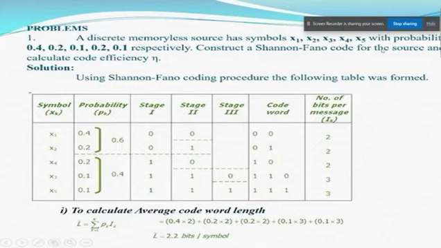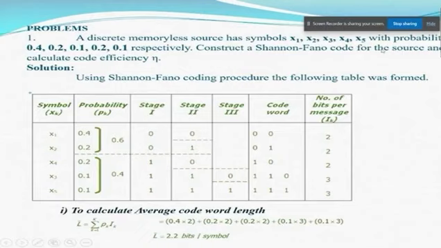For stage 3, we divide the lower set of stage 2 into equiprobable parts, having 0.1 and 0.1. We assign 0 to the upper set and 1 to the lower set, so that we get the individual codes for all the probabilities.